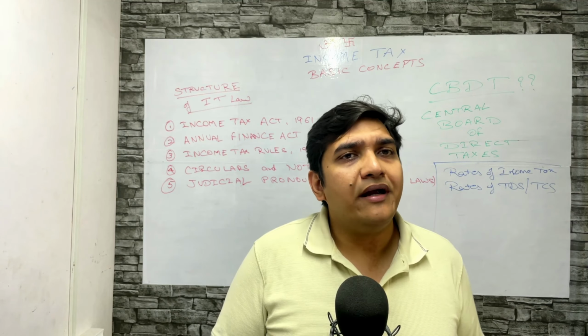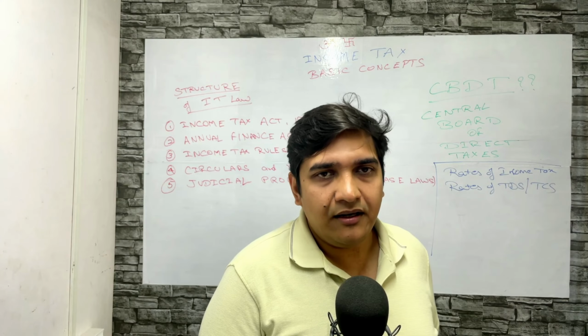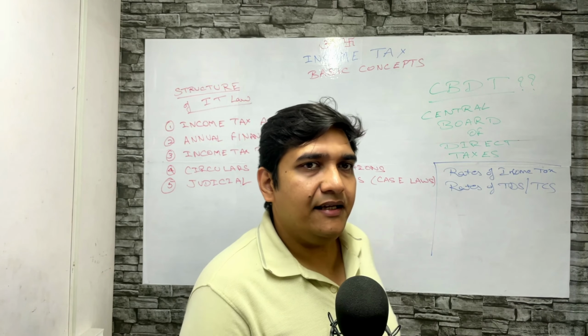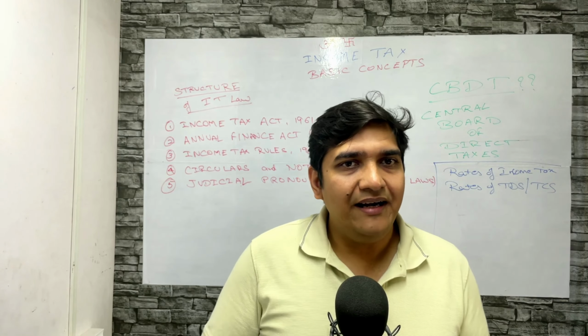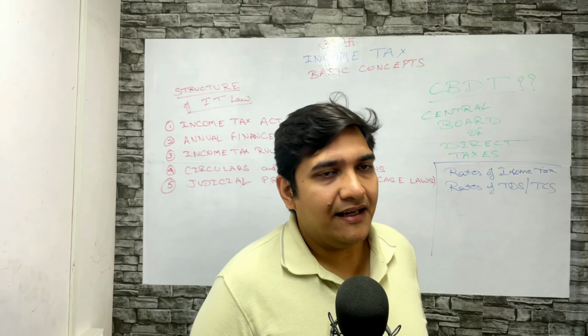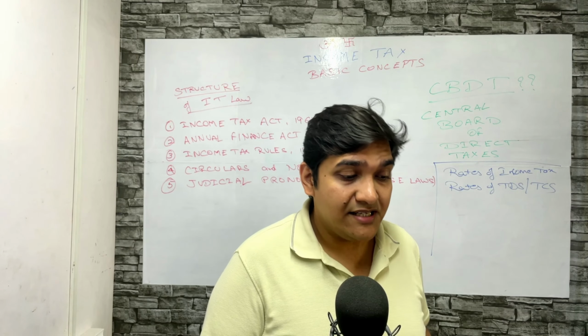So now it is very difficult for the government to change a particular act, right? So what the government does is, in the Income Tax Act they just say that the rates would be defined in the annual Finance Act, and then the annual Finance Act defines the rates of income taxes, and the rates of TDS or TCS.